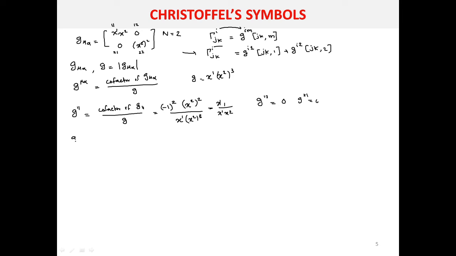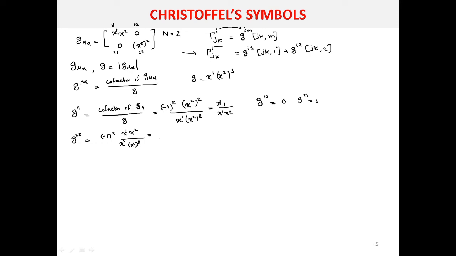And then we can calculate the value of g^22. So it will be the cofactor of g22, that is (-1) raised to 2 plus 2, that is 4. When you remove this first row and column, what you will get is x1 x2 divided by the determinant value, that is x1 x2 the whole cube. (-1) raised to 4 is +1. x1 and x1 will cancel, and one x2 will be cancelled.